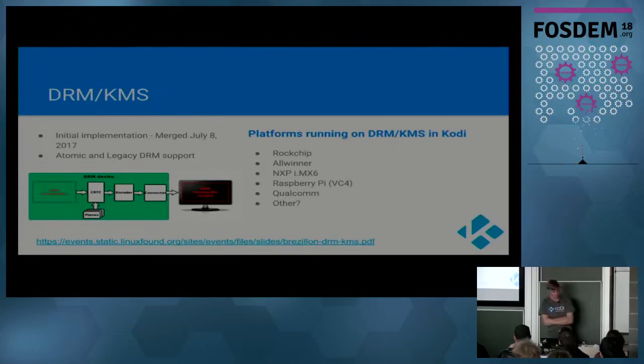So DRM and KMS. DRM is the display subsystem in the Linux kernel. It's still relatively new, but most main graphics systems have an upstream DRM driver, which is fantastic. So now in Kodi, basically any board that has a DRM driver can run Kodi, which is awesome.